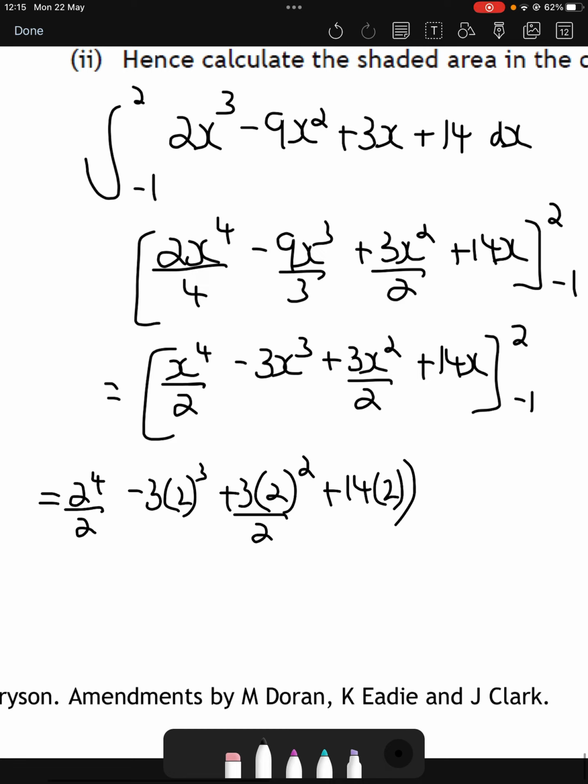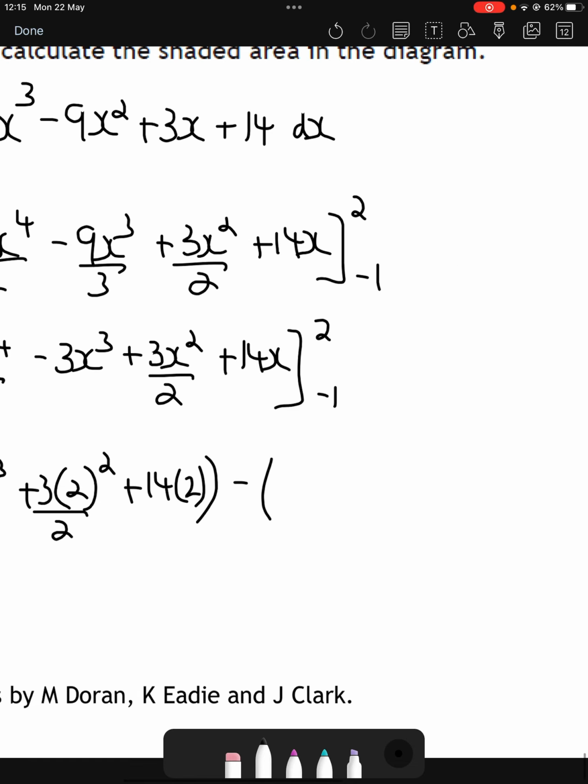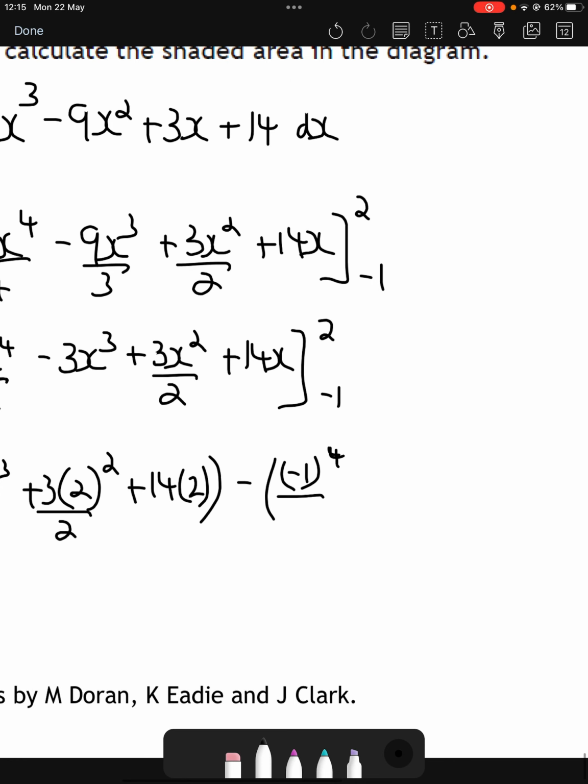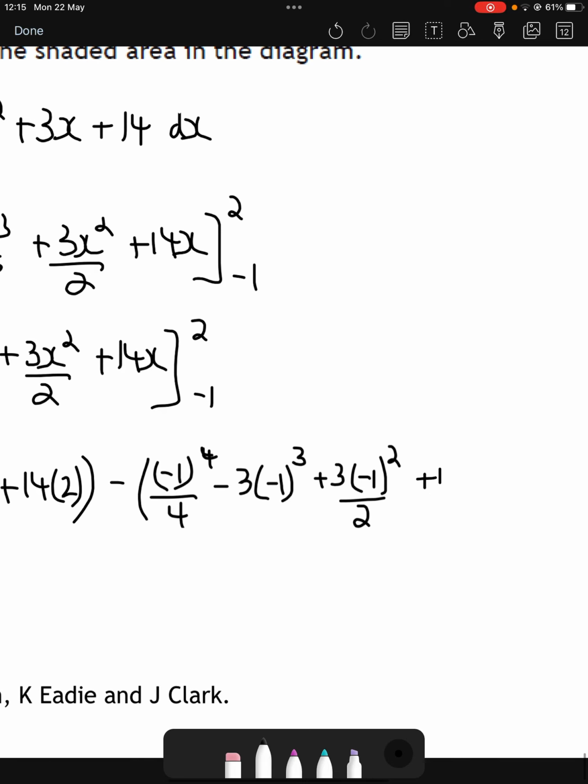Again, this was calculator, so we're going to go to it in a wee second. Put your negatives in, really important with your -1 there.